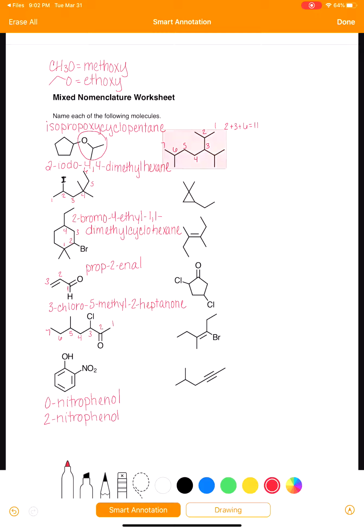Our substituents are a methyl on 2, isopropyl on 3, methyl on 6. 3-isopropyl, 2,6-dimethyl heptane.